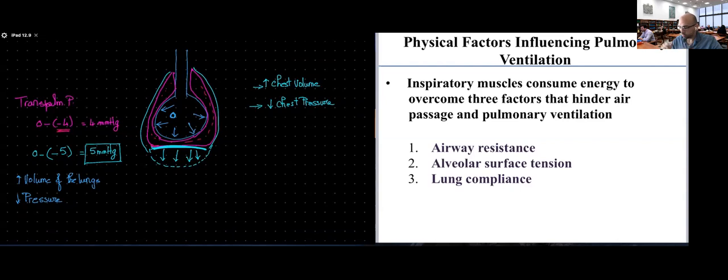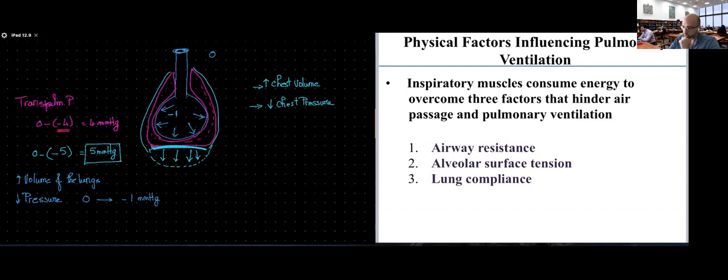So this 0 pressure will drop to -1 millimeter of mercury, 1 millimeter of mercury below the atmospheric pressure. Now outside of my lungs, in the atmosphere, I have 0 pressure. Inside my lungs, I have a negative pressure, which is -1 millimeter of mercury.